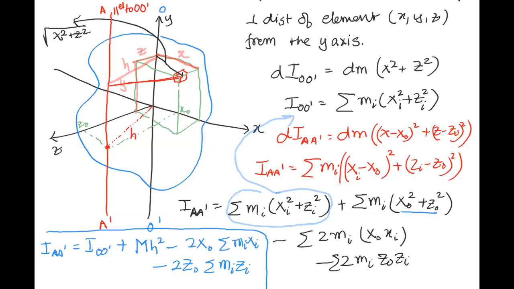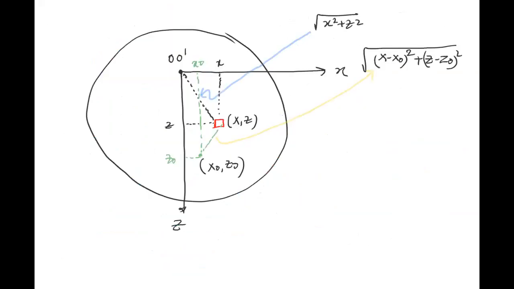And now let's say that I want to find the moment of inertia about another axis AA dash. I draw the axis AA dash such that, looking at the situation from the top, the axis AA dash has coordinates x naught comma z naught, where it cuts the xz plane of the original coordinate axes.